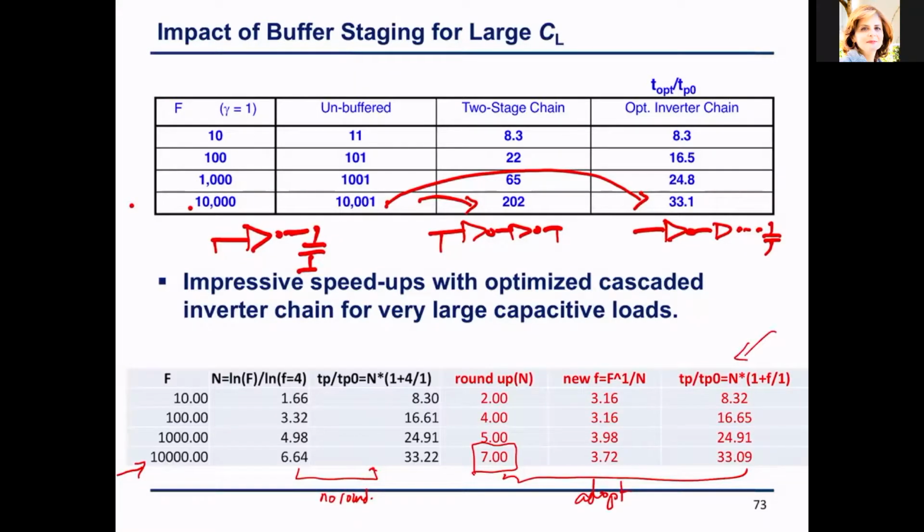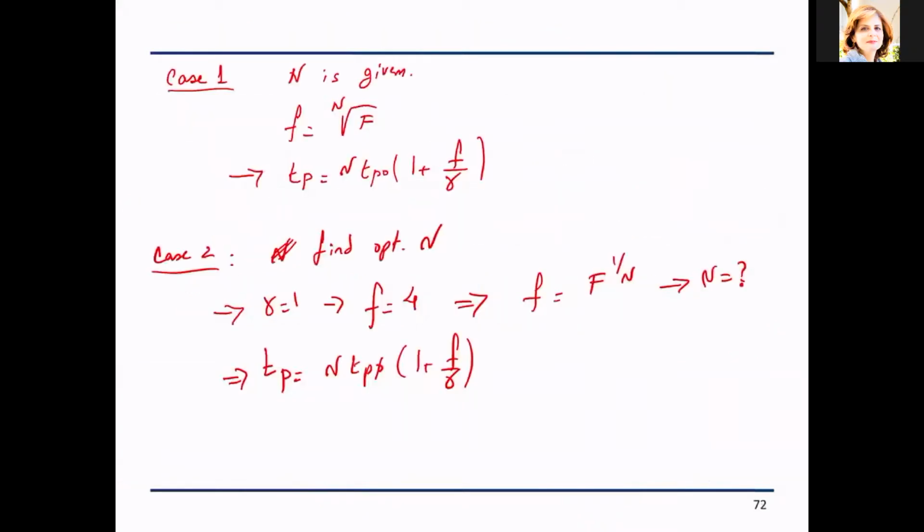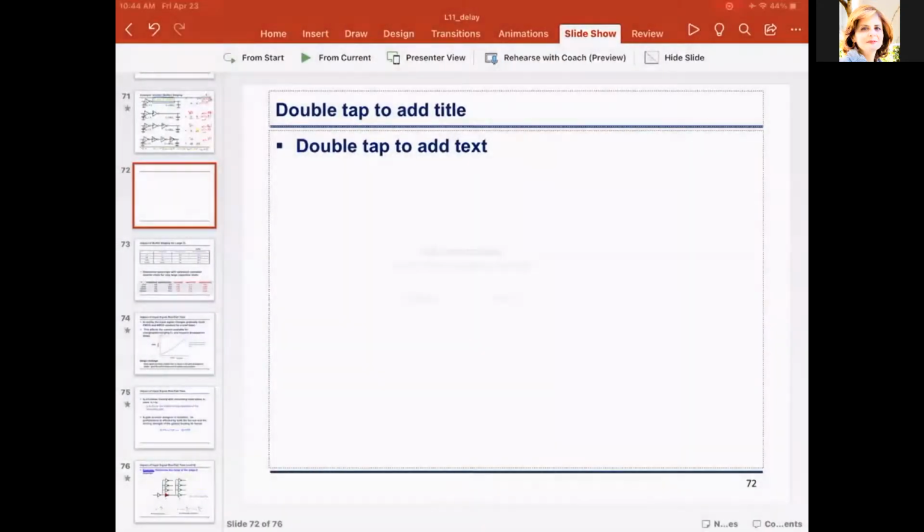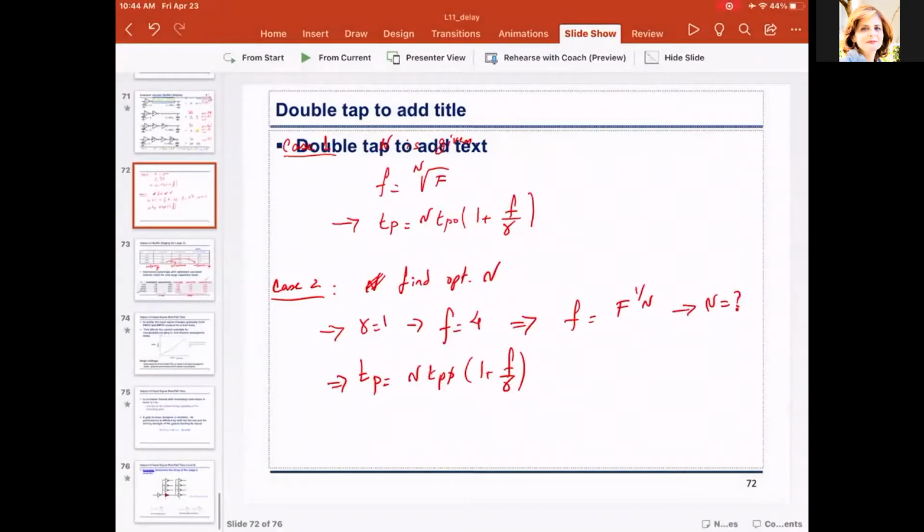You can practice on the other values and obtain the answers that you find here for each one of the different stages. So this concludes this section. We will not go through the last 2 slides, 74, 75, 76.